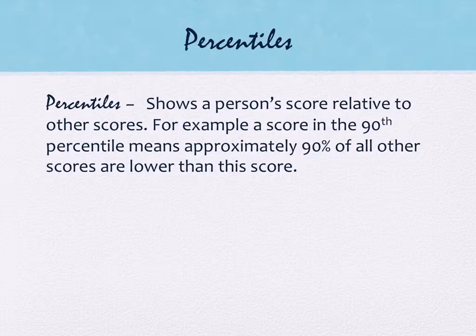So we see percentiles used in standardized testing all the time. We see them used in growth charts for children, like height, weight, head circumference. If you're in the 50th percentile, it means that you are at the median, right? 50% of the scores are lower than yours, and likewise 50% would be above where you are as well. All right, so we're going to do an example.